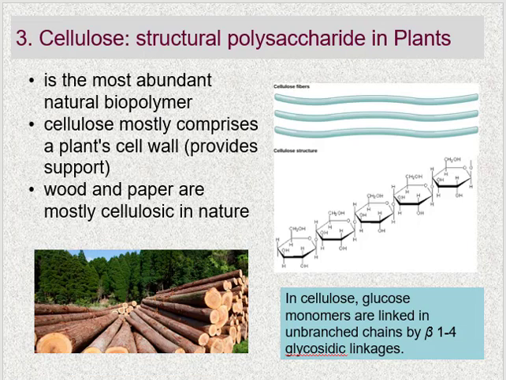Cellulose is the structural polysaccharide found in plants. It is the most abundant natural biopolymer. Cellulose is mostly found in a plant's cell wall. It provides the cell structural support. Wood and paper are both mostly cellulosic in nature. Cellulose is so important to plant cells because it provides the cells with rigidity and high tensile strength.